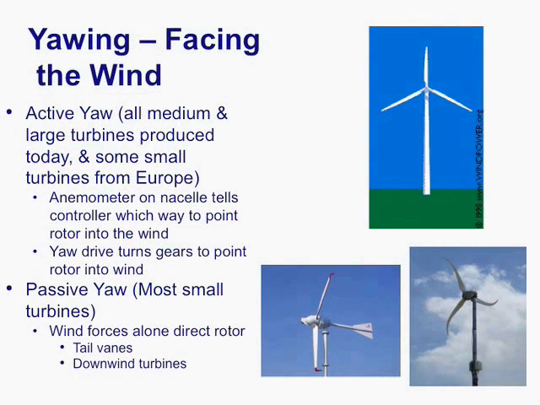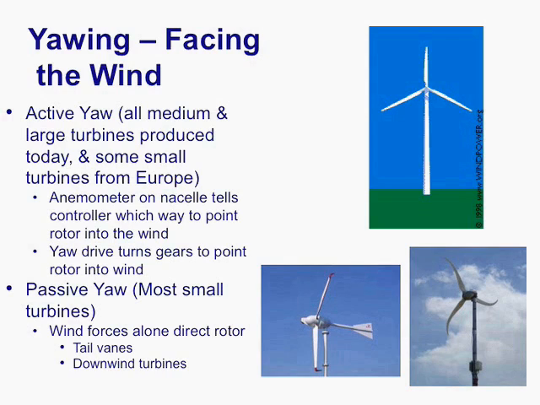Okay, here are some other technical issues. You want these horizontal axis turbines to be facing into the wind, and of course the wind doesn't always blow from the same direction. So you need some sort of mechanism for turning the turbine so that the blades will be facing into the wind. This can be done two ways. You can have a passive system, and this is typical on smaller turbines, where you have this stationary blade in the back that keeps it facing into the wind.